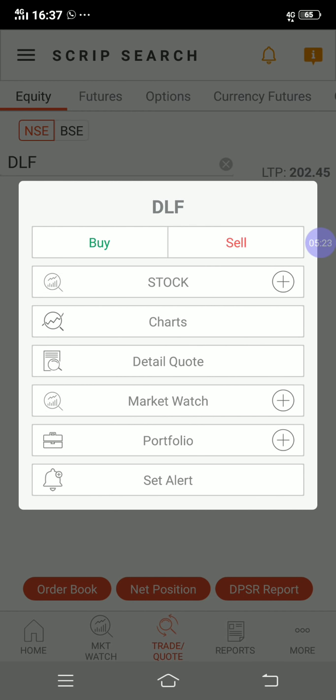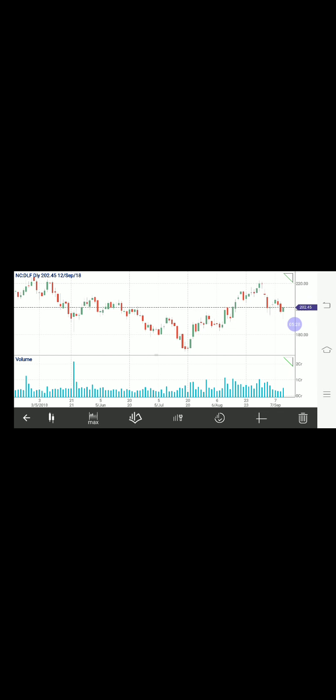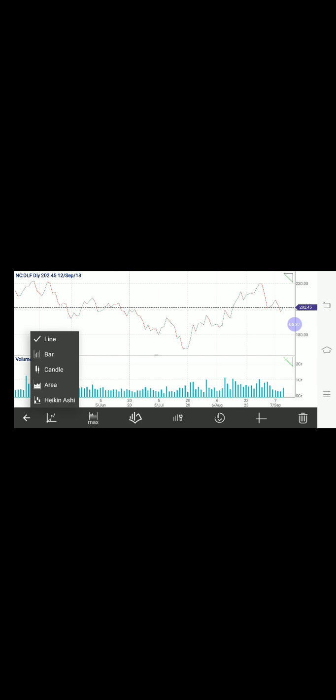This is a chart system where you can see how the share is moving up and down, and you can see different views: line, bar, candle, area, and also Heikin Ashi style. This is for 3 hours, monthly, weekly, daily, and more.